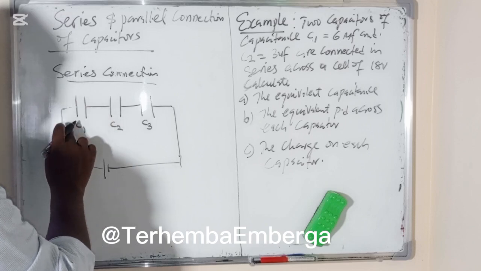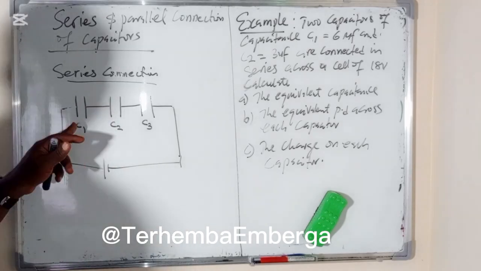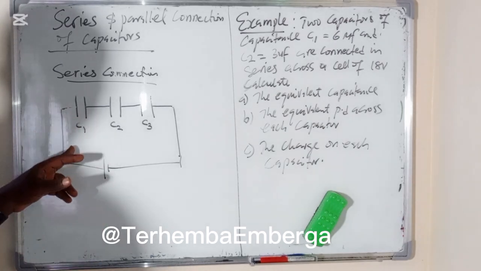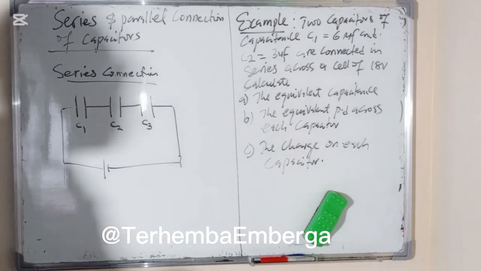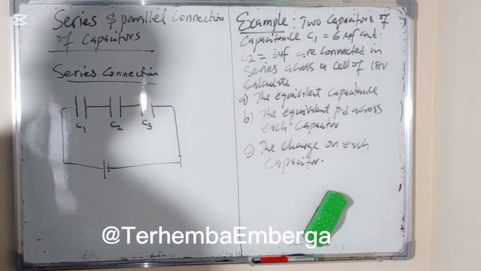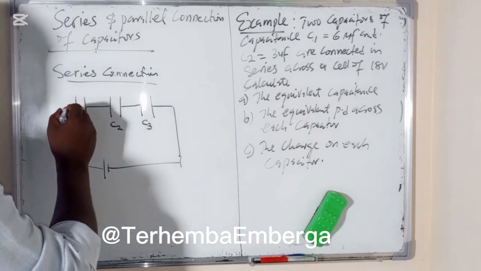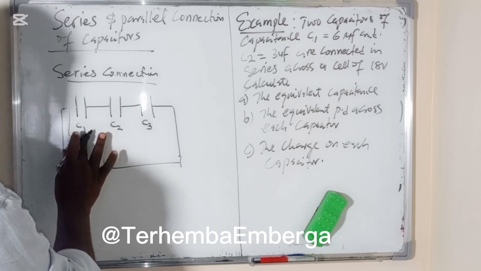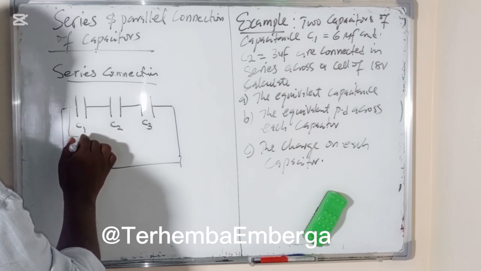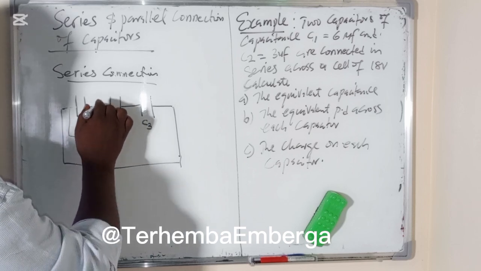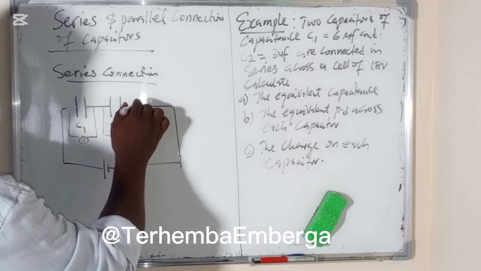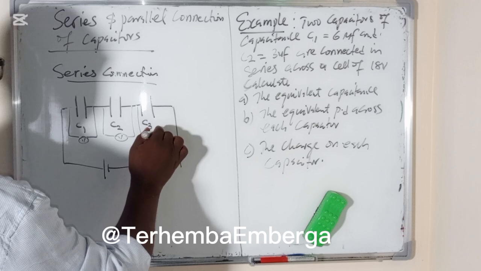If you want to measure the potential difference of C1, you have to connect a voltmeter parallel to it. So the potential difference for the three will be different. Each of them you need to connect a voltmeter.